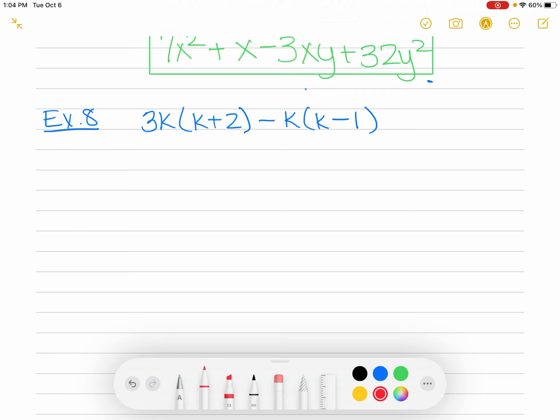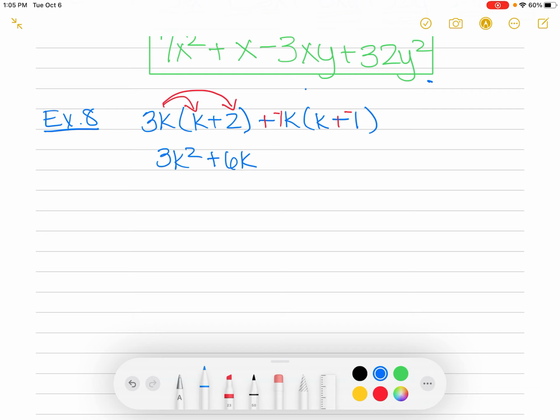Okay, now that you're back, I'm going to go ahead and change mine to plus negative, and remember that negative k is a negative 1k. Okay, now when I multiply, I'm going to do 3k times k is 3k squared. 3k times 2 is 6k.